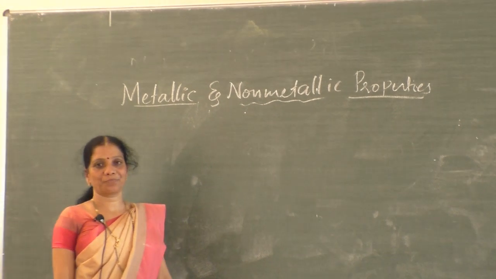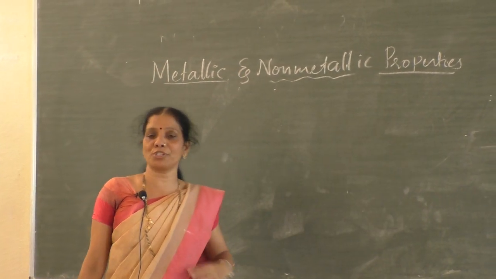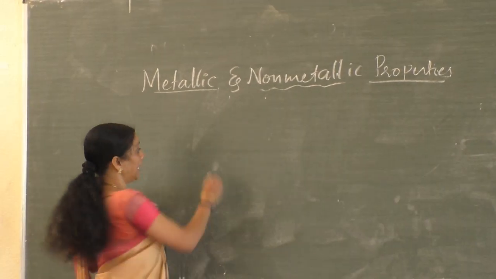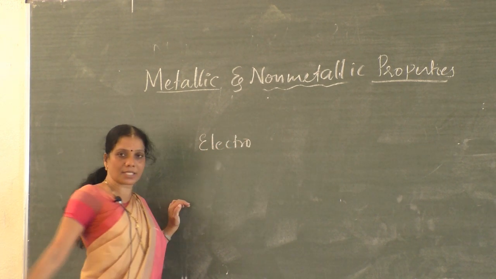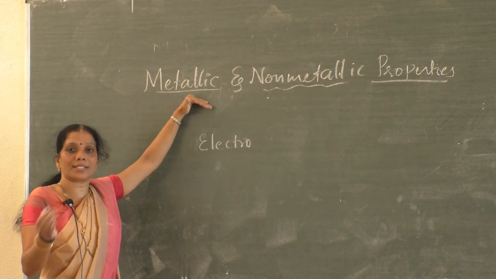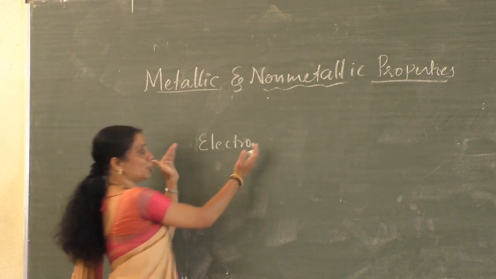Listen here students, before studying the metallic and non-metallic properties, we have to study one of the important concepts that is called electronegativity. Listen here, very important concept this is, to follow the reason why the different elements are called metals, why the different elements are called non-metals, you should know this.